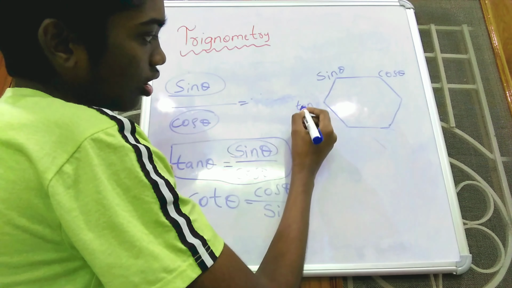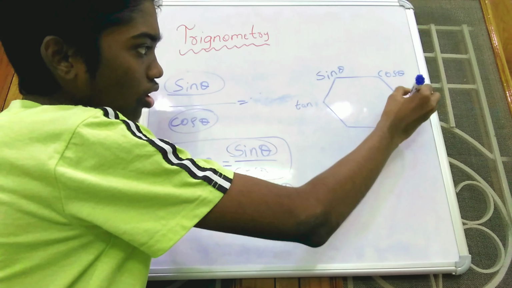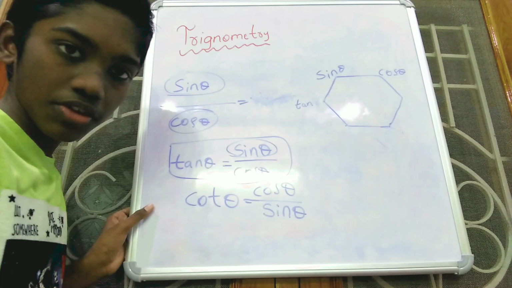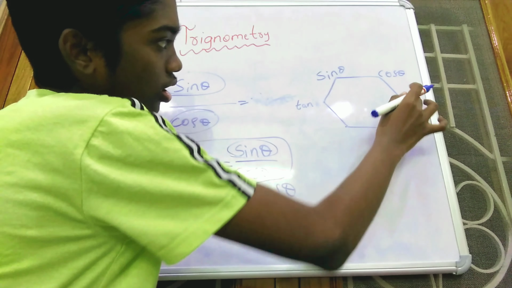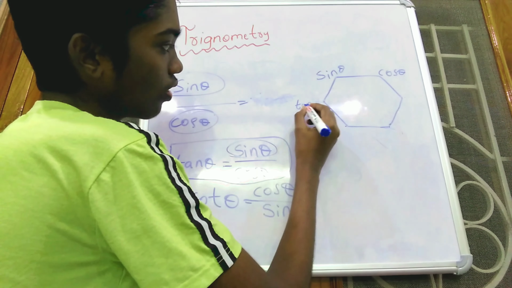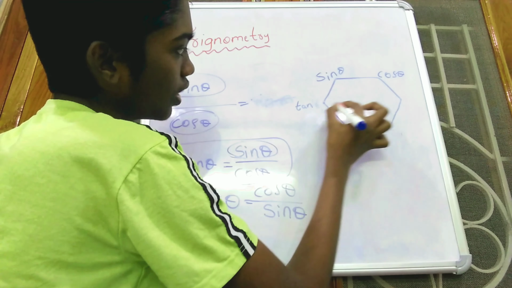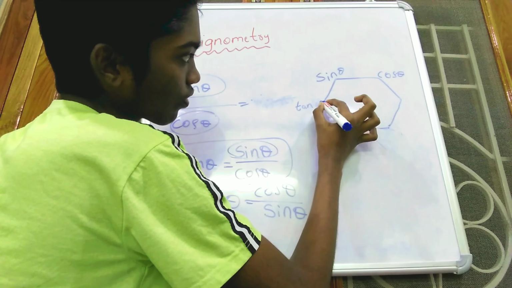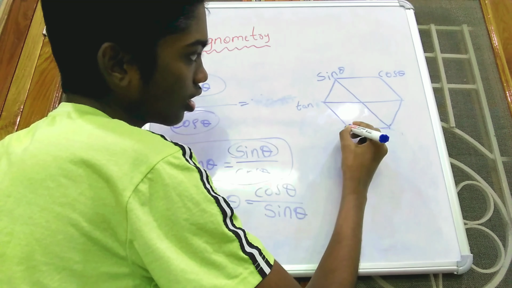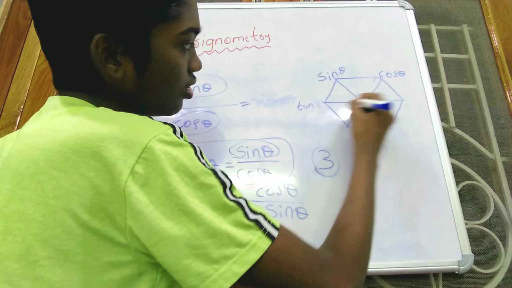And now we are left with 3 vertices, and you may figure out what needs to be filled in those vertices. Beside this vertex there is the tan vertex. We have to join this and this. In simple terms, we have to draw the diagonals. For a hexagon there will be 3 diagonals. Draw 3 diagonals.